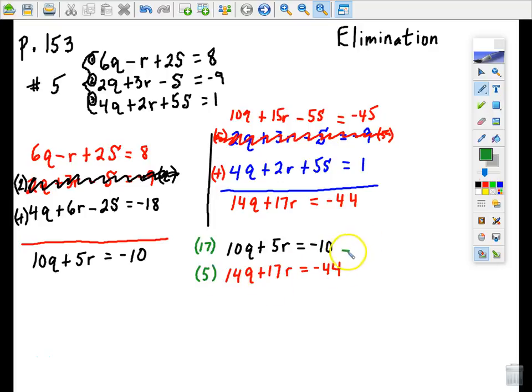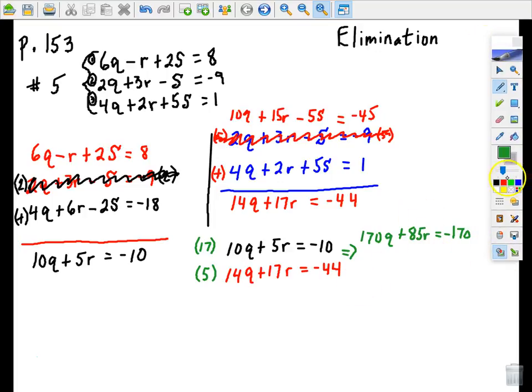Okay, and let's just show what that looks like over here. 17 all the way across. 17 times 10, of course, is 170Q. If you do 17 times 5, that's 85. And then 17 times negative 10 is negative 170.